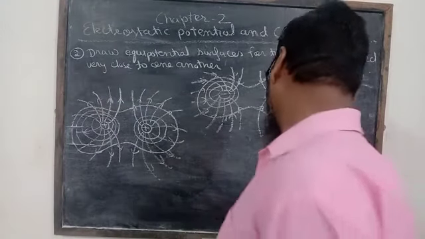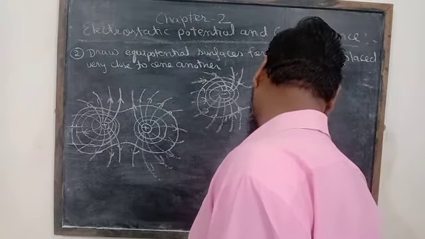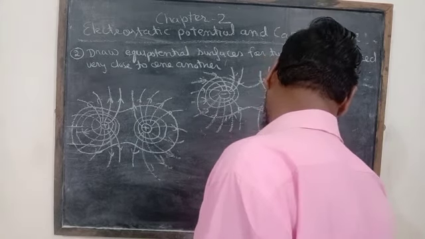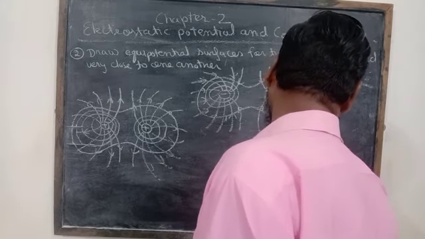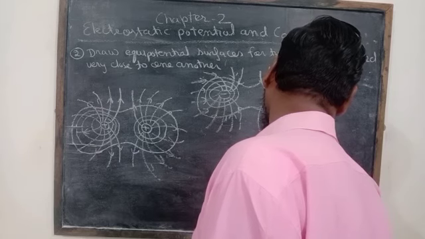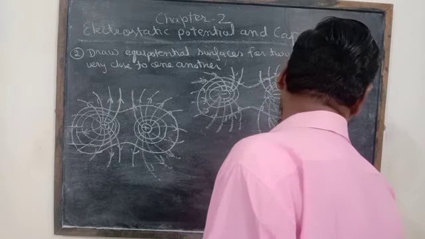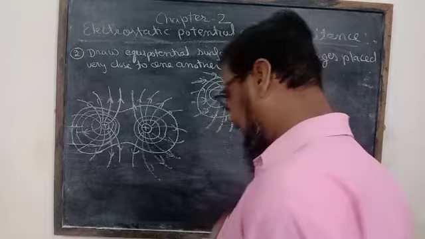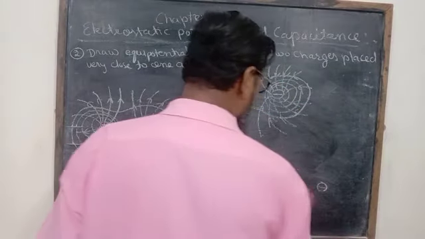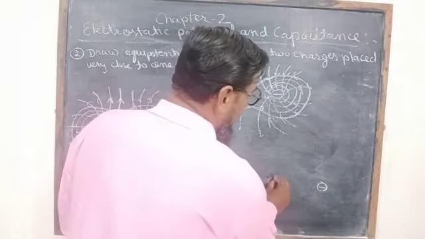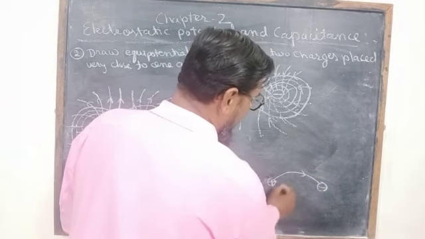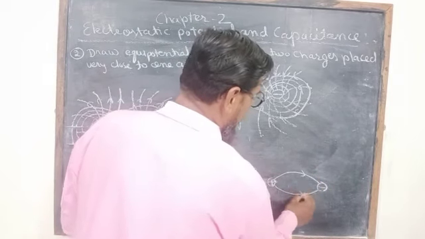And the last is plus Q and minus Q. A positive charge and a negative charge are placed very close to one another, then the pattern of electric line of forces for an electric dipole is just like this.